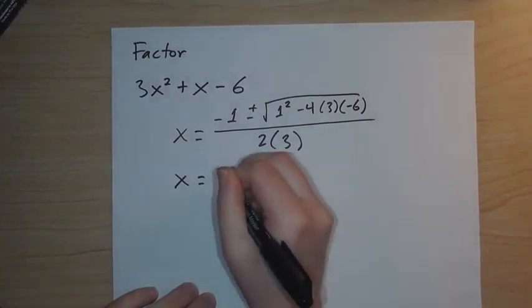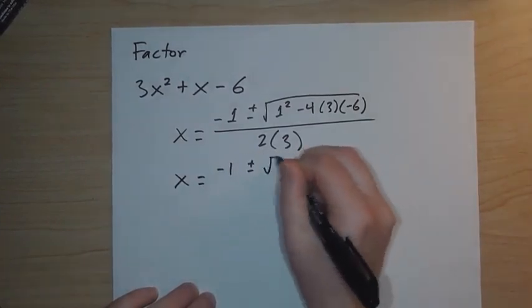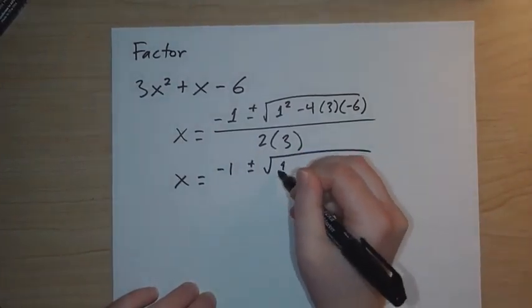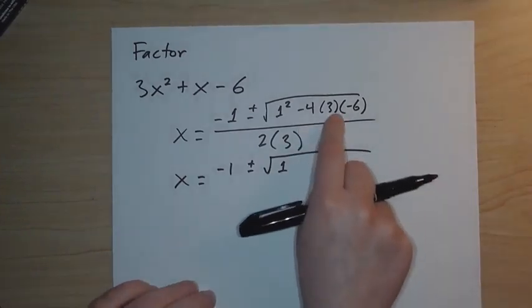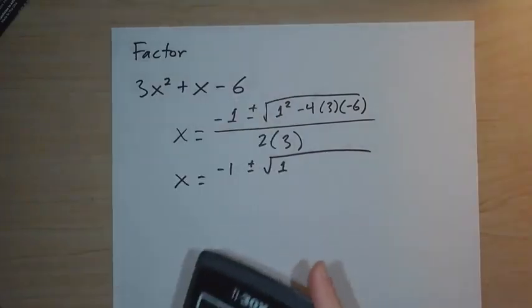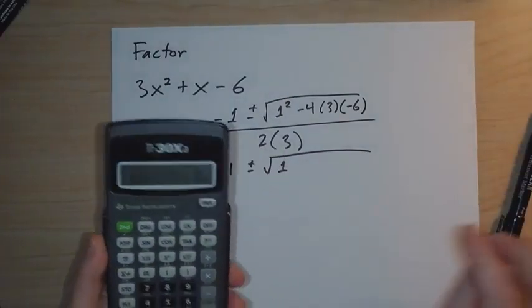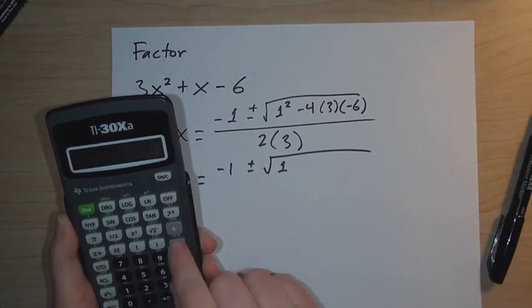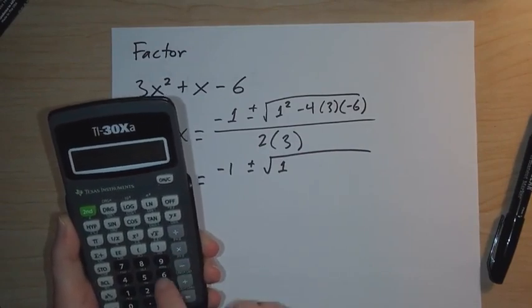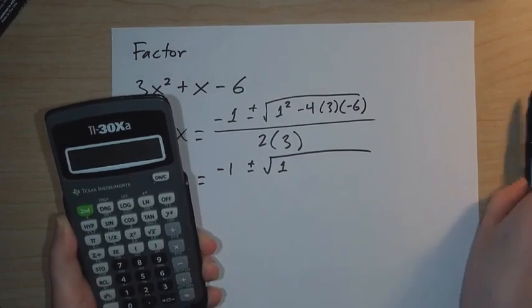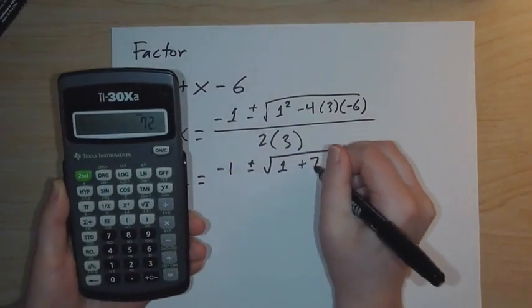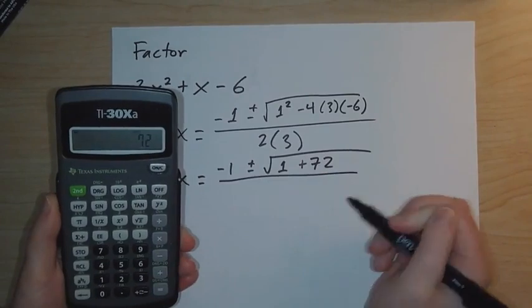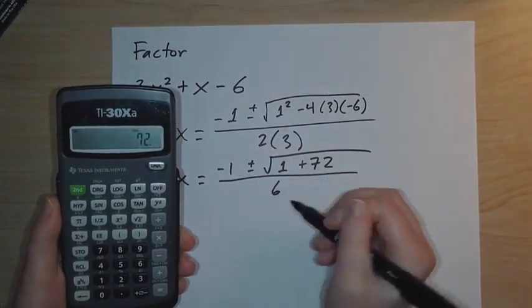So carrying down, we have negative 1. So 1 squared is just 1. Negative 4 times 3 times negative 6. Well, I'm lazy, so I'm just going to plug that into a calculator. That's going to be positive 72 divided by 2 times 3, which is 6.